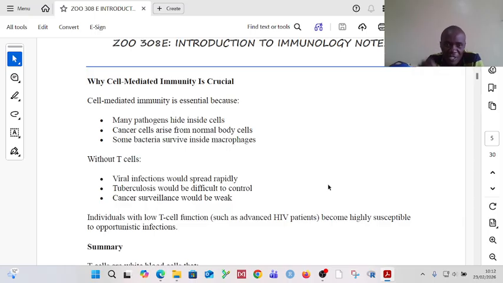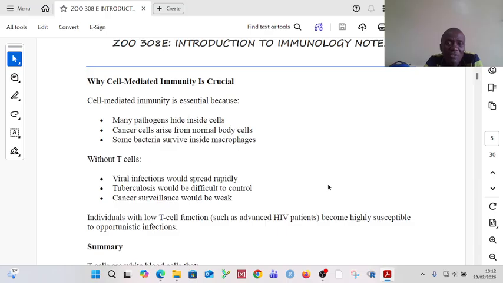Intracellular bacterial infections, specifically like Mycobacterium tuberculosis, which causes TB, would be difficult to control. And the abnormal cells, for example during cancer, would be difficult to deal with.